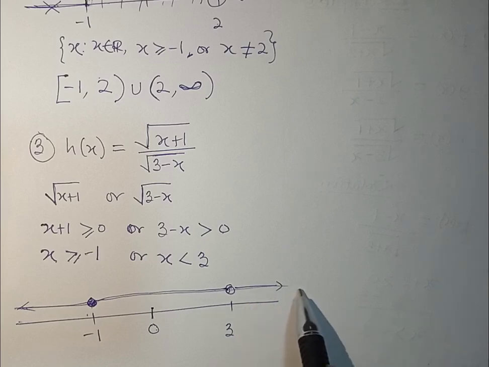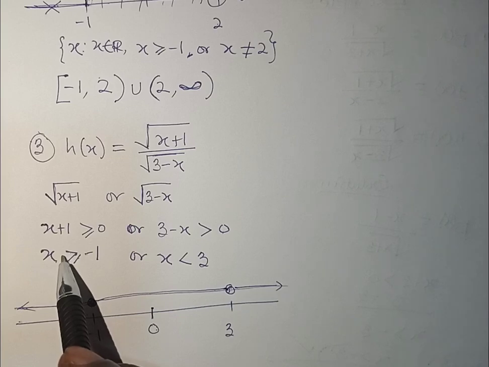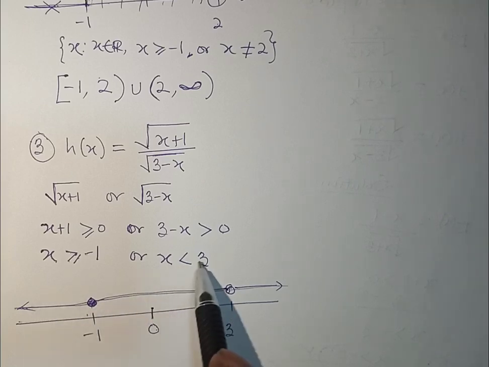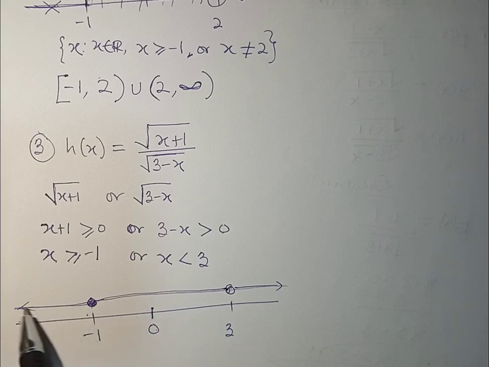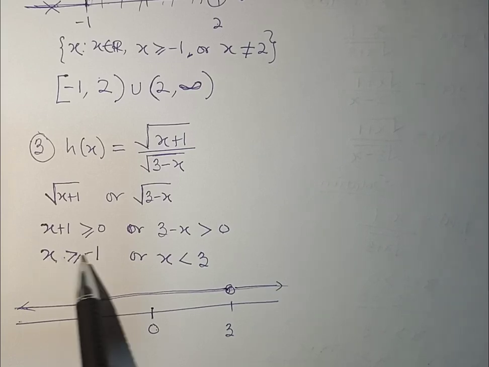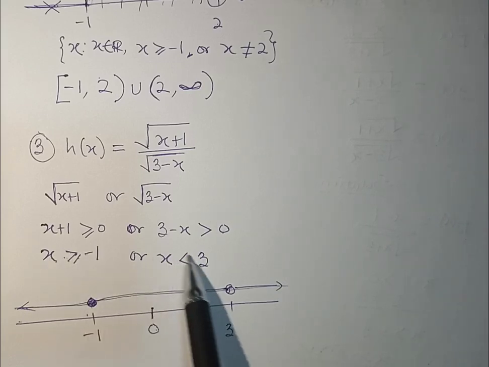It means that every value I pick here should satisfy this condition. Here too, every number I pick should also satisfy this condition. But you ask yourself, if I pick every number here for this, does it satisfy this condition? Also, if I pick every number for this one, does it also satisfy this condition?